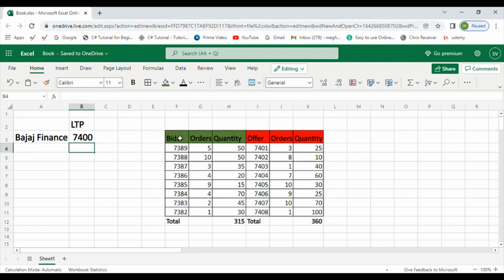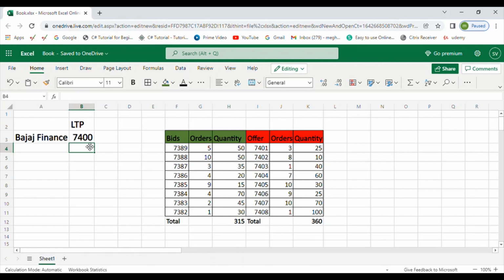So this green section will be treated as a buyer section, and this red one is for sellers. Now, when the last traded price of Bajaj Finance is at 7,400.